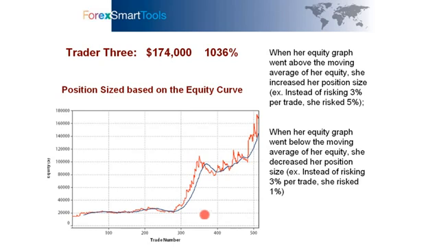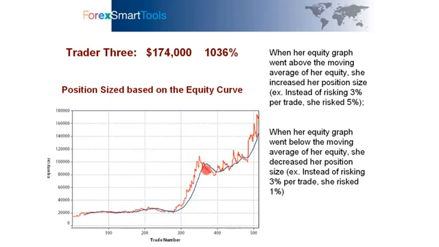So I want to make sure you know what I'm talking about here. I'm going to use this pointer. When her equity curve was in this period, she's not just doing 3% per trade, she's doing like 4 or 5%. When it hits this point and she starts to go into drawdown, she says, market conditions have changed.